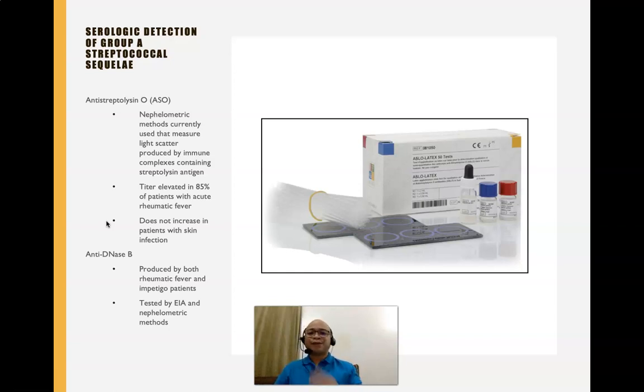However, the one being discussed in this slide is the nephelometric method. This one is more sensitive compared to ASO latex, and the one shown here is an example of ASO latex. The nephelometric method currently used measures the light scatter produced by immune complexes containing the streptolysin antigen.